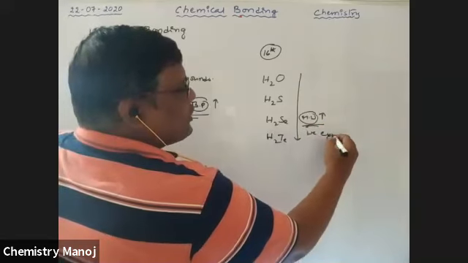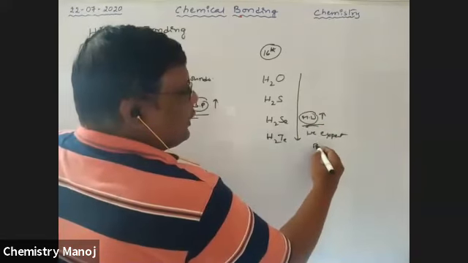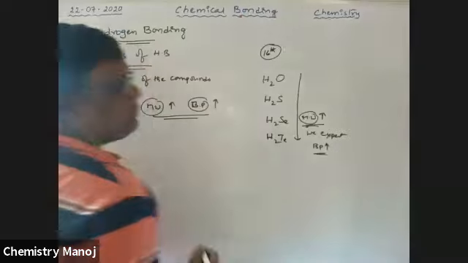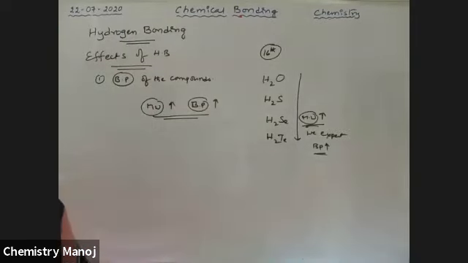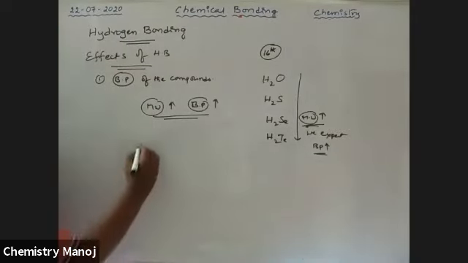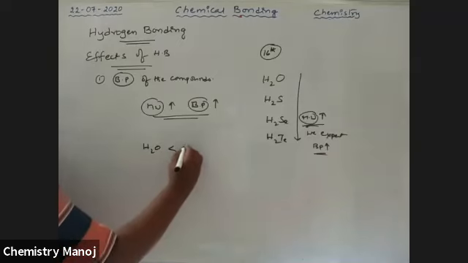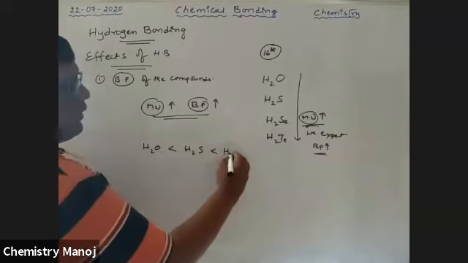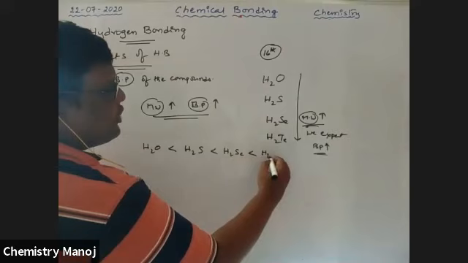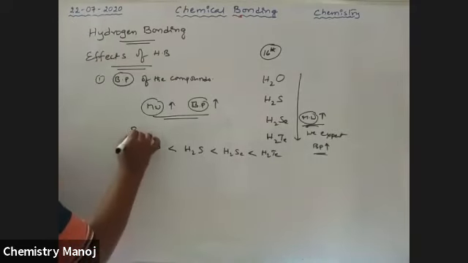We expect the boiling point also increases. That's why the order is H2O less than H2S less than H2Se less than H2Te. This is the expected boiling point.